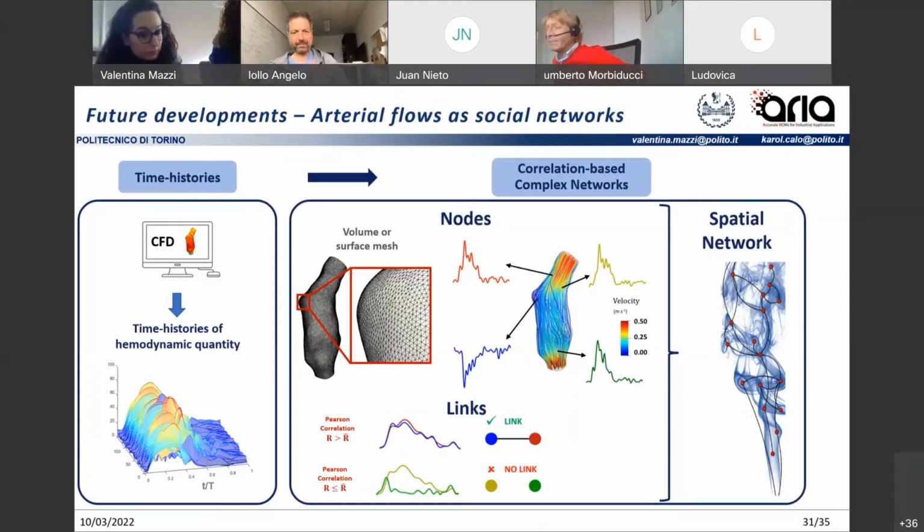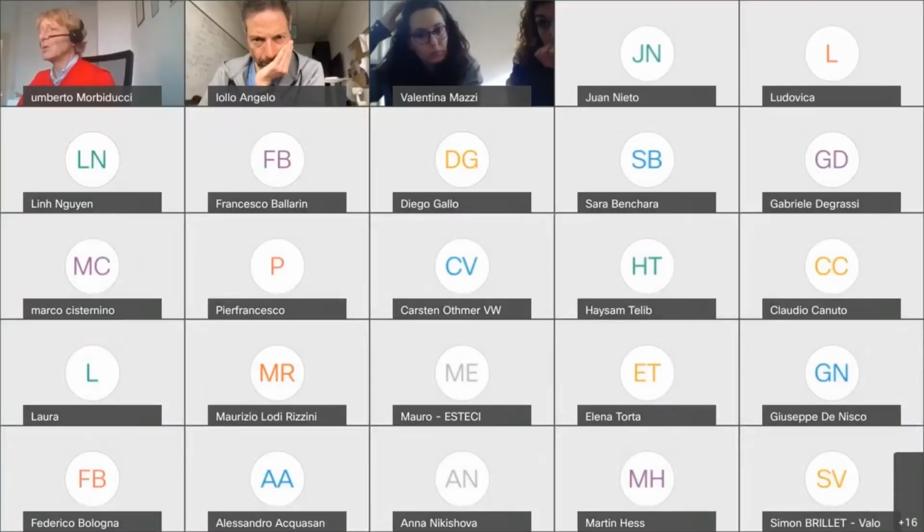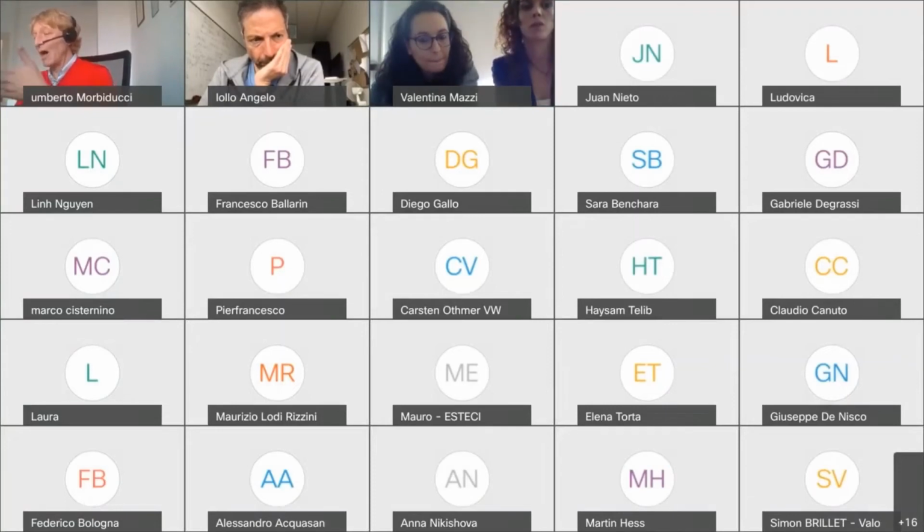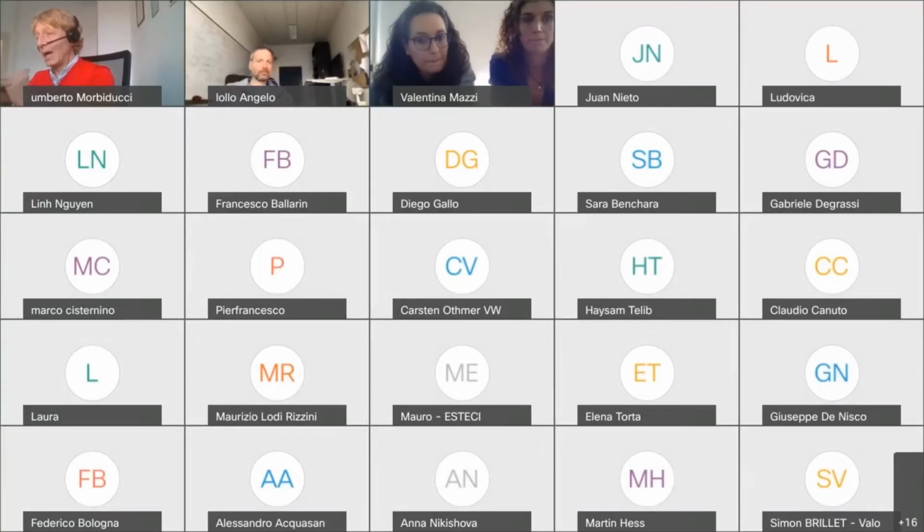Anyway, Angelo, the phase shift is implicitly included in the analysis because the correlation coefficient gives you an indirect measure of how much two velocity waveforms are shifted in time or not.